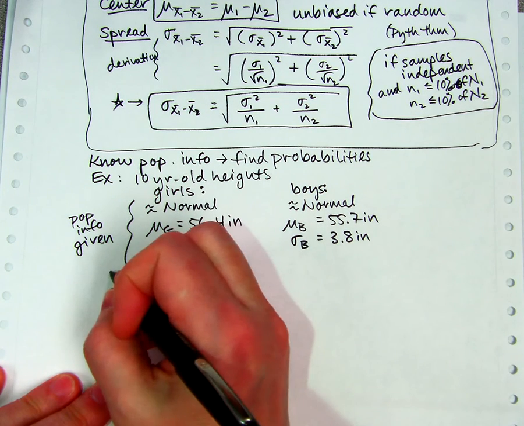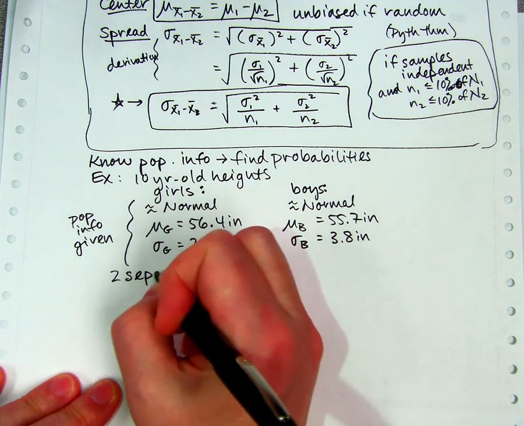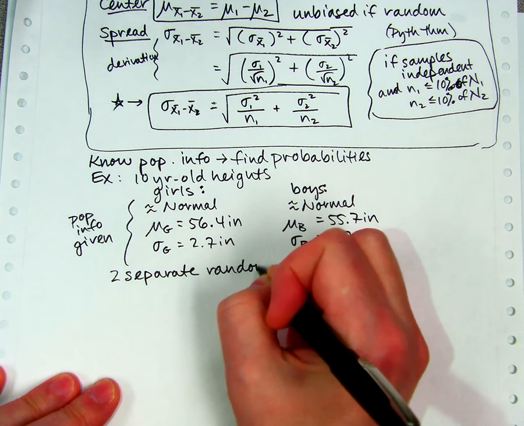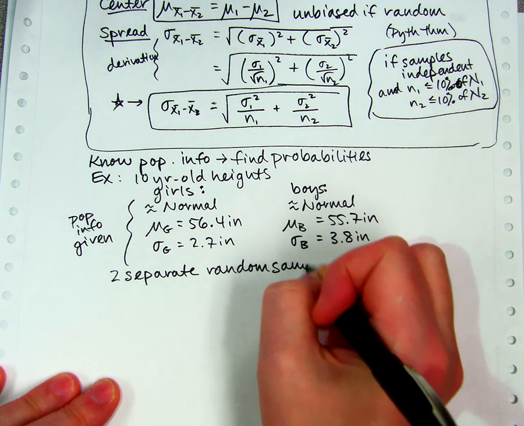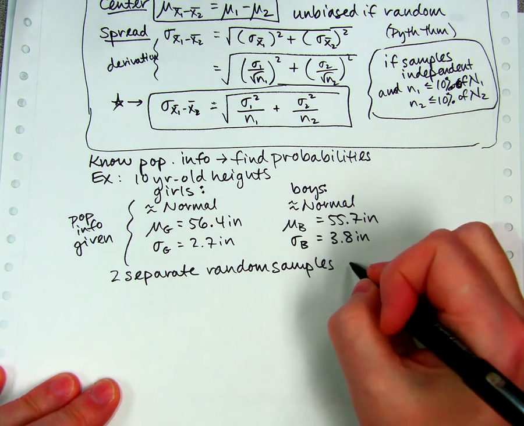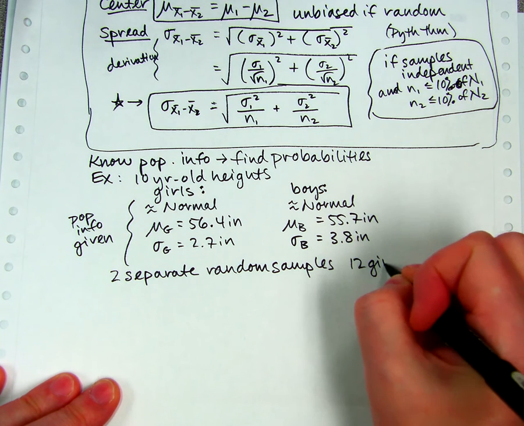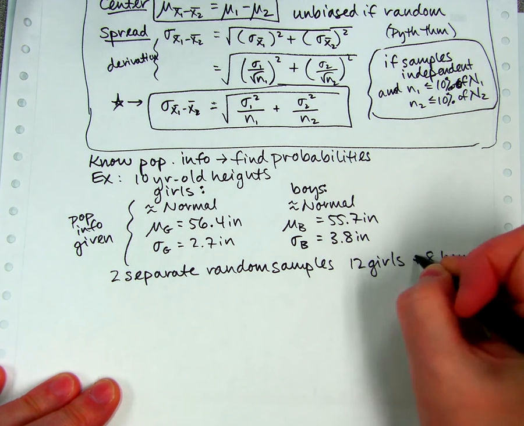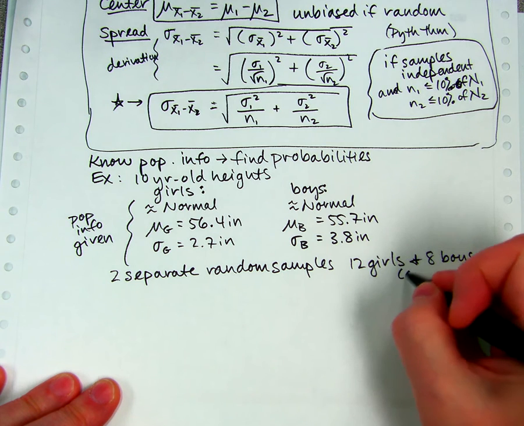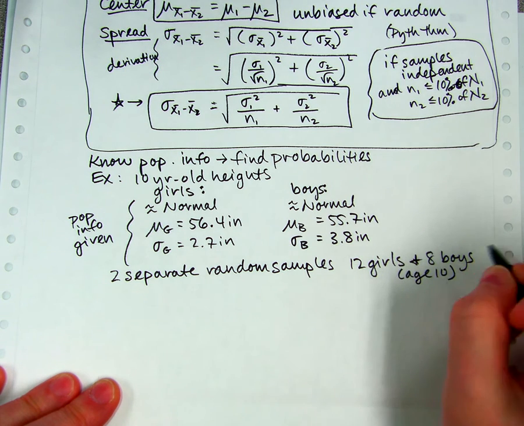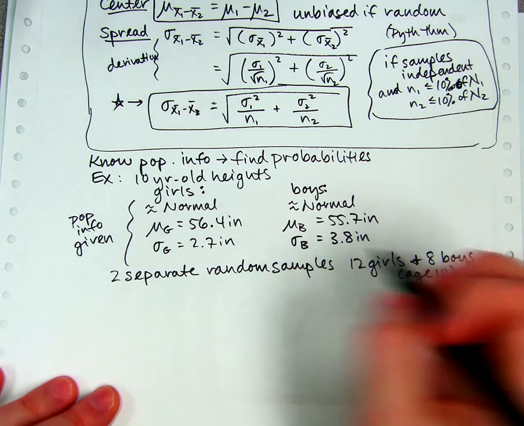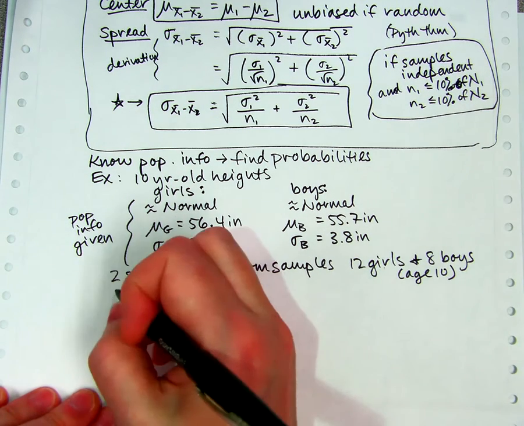So let's suppose we take two separate random samples of 12 girls and 8 boys, all age 10. And we want to know the probability that this particular sample has a smaller mean for girls than for boys.